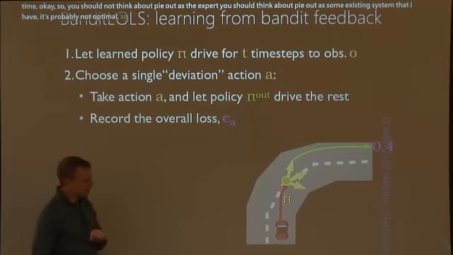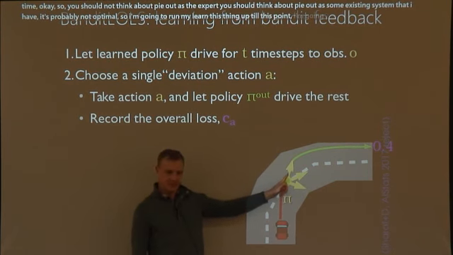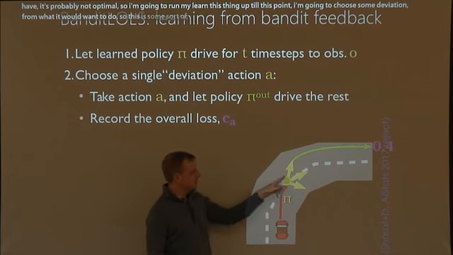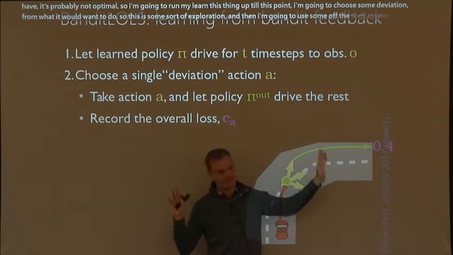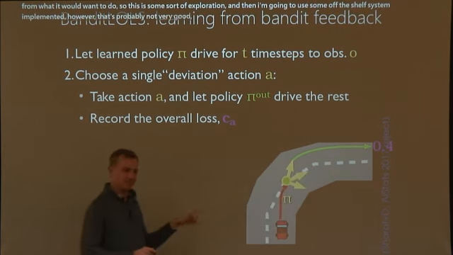So I'm going to run my learned thing up till this point. I'm going to choose some deviation from what it would want to do. So this is some sort of exploration. And then I'm going to use some off-the-shelf system, implemented however, that's probably not very good, to drive for the rest of time. And this is going to give me some cost.